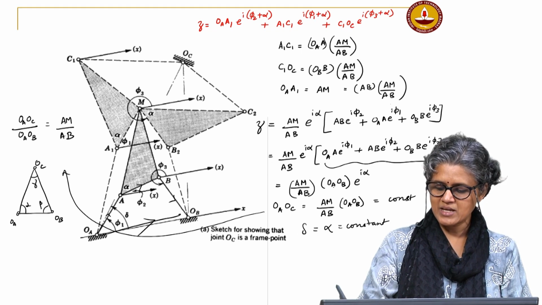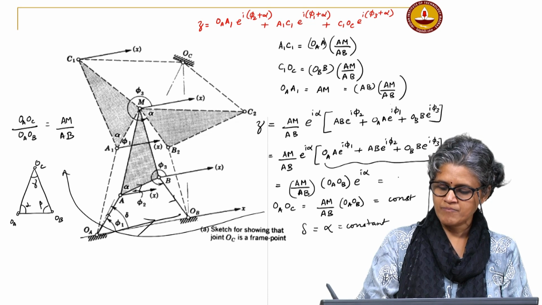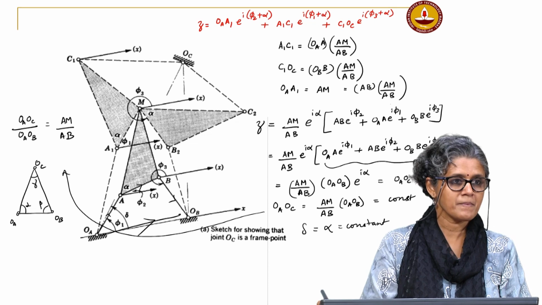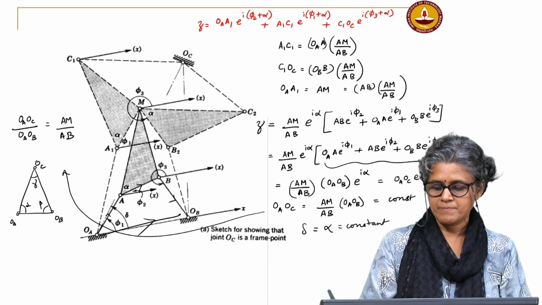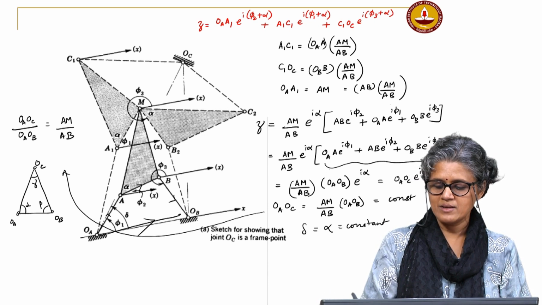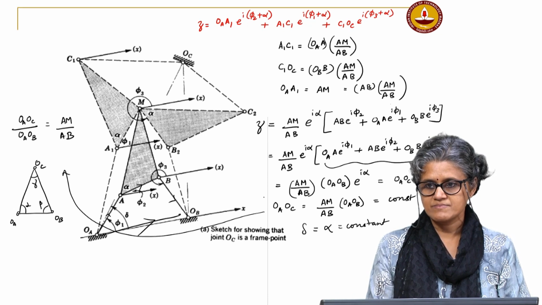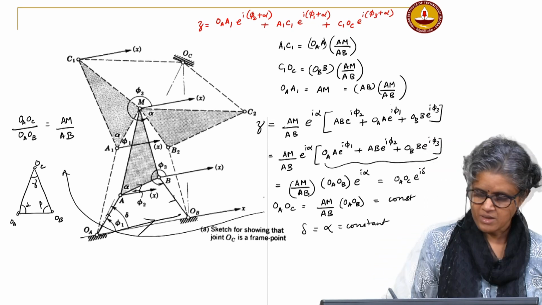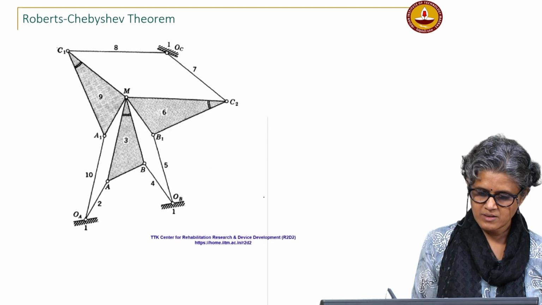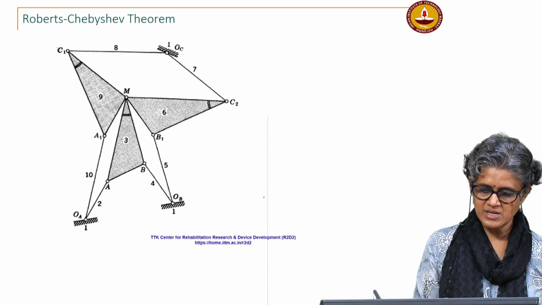Z, this I took as the distance OAOC e power i delta. Okay. So, here I found that the length OAOC equals this. A simpler construction. So, now you can find OC.